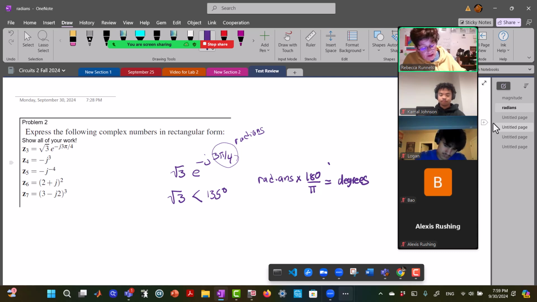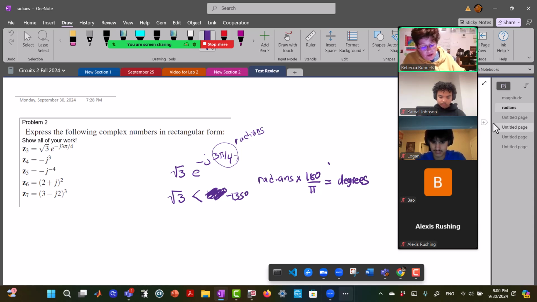So when I write it with degrees, I use the angle. When I write it in radians, I put an e to the minus j. Oh wait, this was minus 3 pi over 4. Hold on, so minus 3 pi over 4, that's going to be minus 135 degrees. So e to the j theta, you use radians, and when you use the angle, you use degrees.